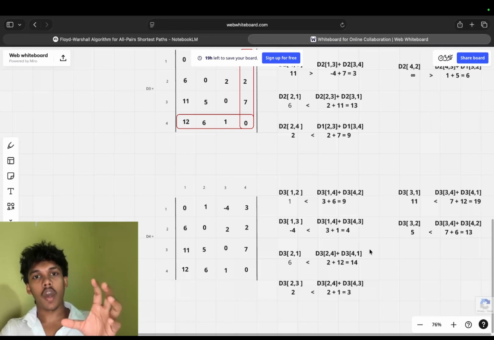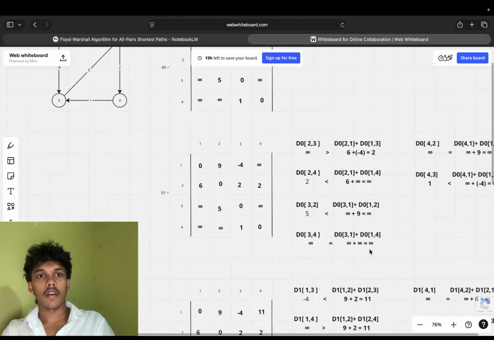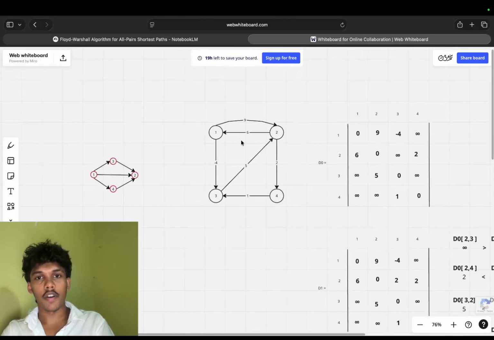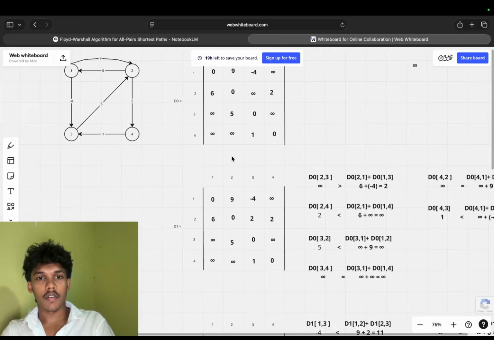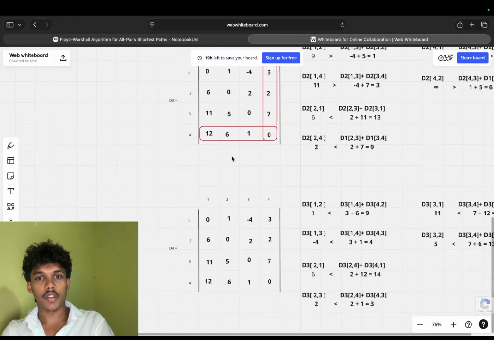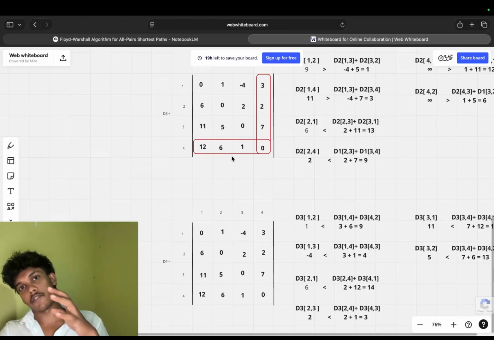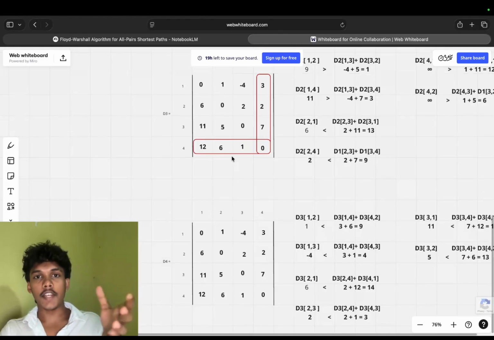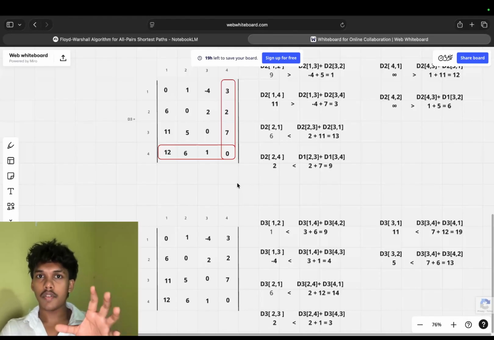Suppose that you have n vertices in your graph, so you should have n distance matrices. I had 4 vertices here, so I have 4 distance matrices except for the initial distance matrix. I hope you got an understanding about this process clearly.